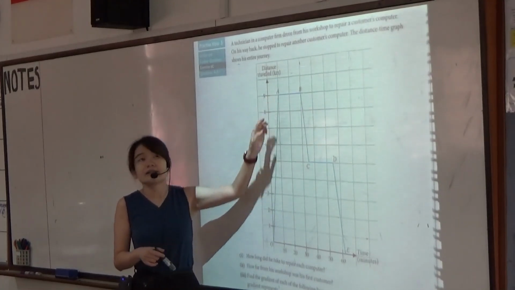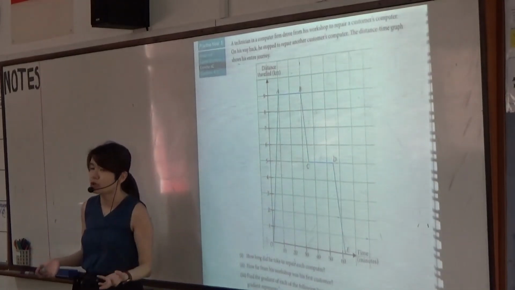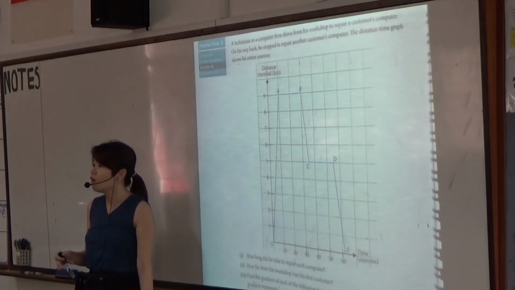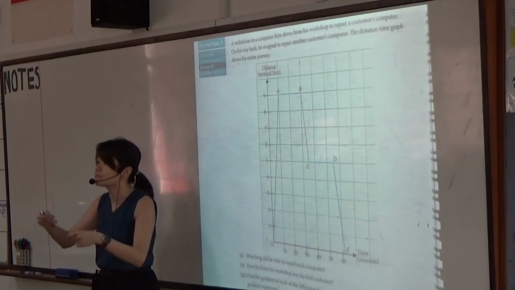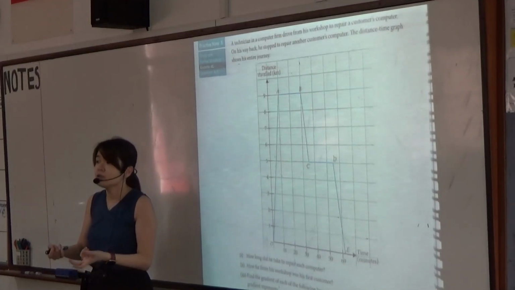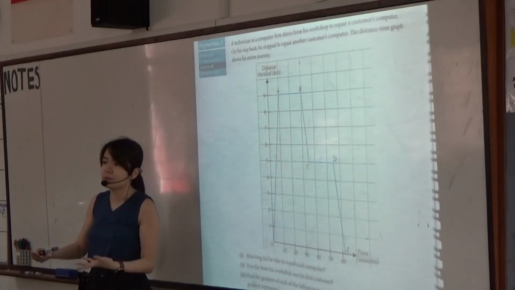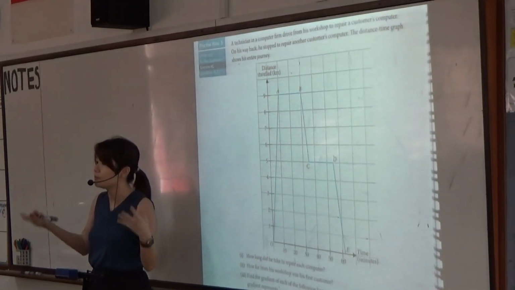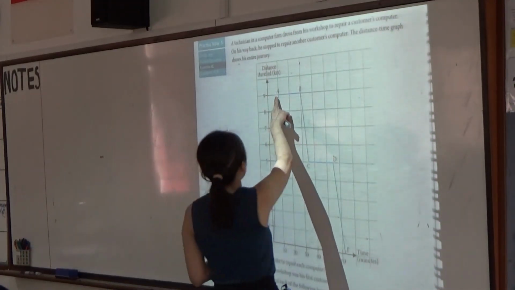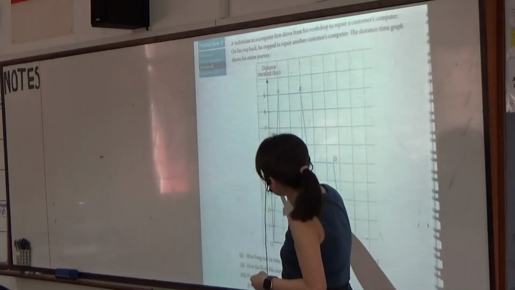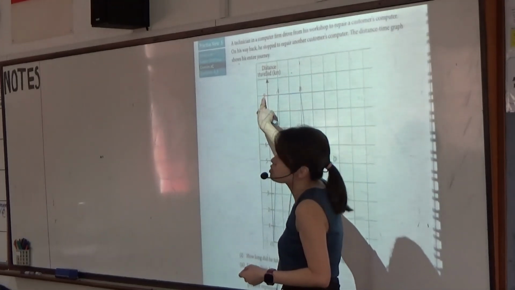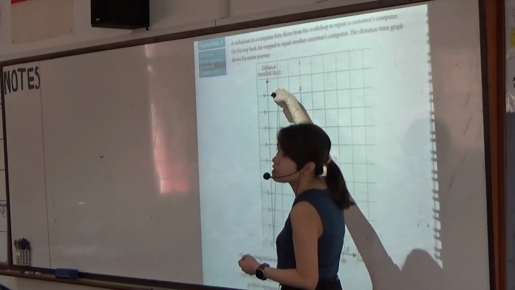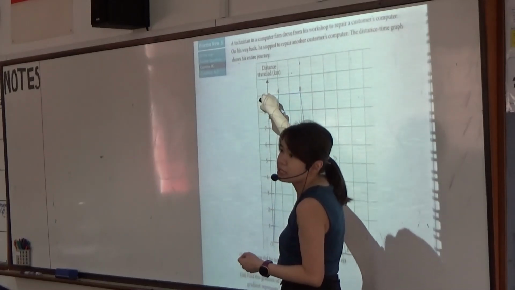Understand? Then when he is at the person's place trying to repair the computer, obviously he will be situated there, he's not moving, he will just be repairing. Correct? So time will pass when he is repairing, but he himself will not move. That means that from A to B, you notice that time continues, but the distance remains the same. It is a horizontal straight line, distance remains the same.